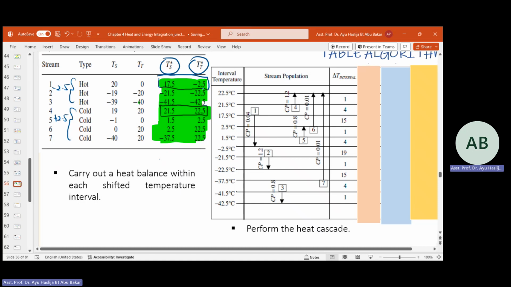Okay, so from here, from the green color one, you see the highest temperature. Highest is 22.5. Okay, so put up here. Then descending order for both columns. Okay, so 22.5, then 21.5, then 17, until the lowest point, which is negative 42.5.